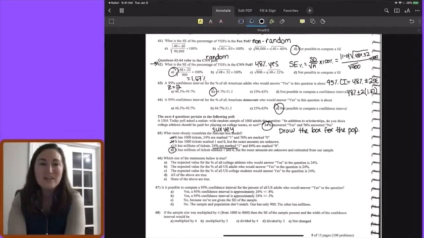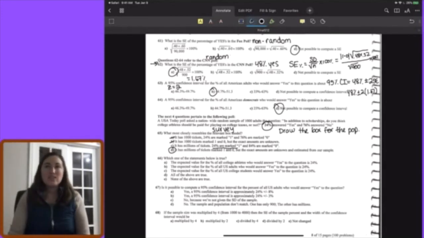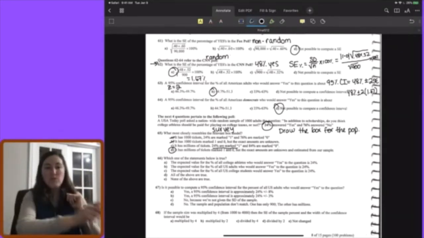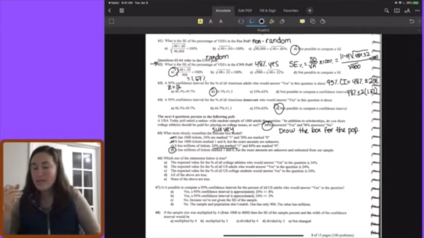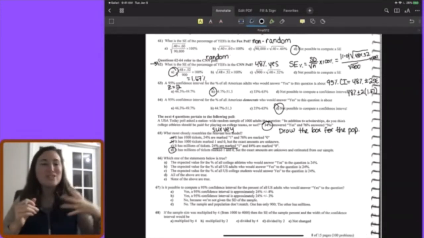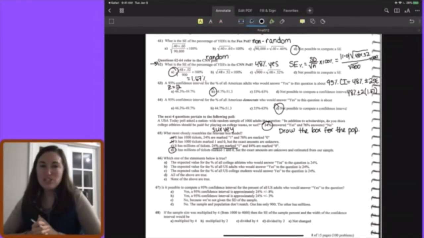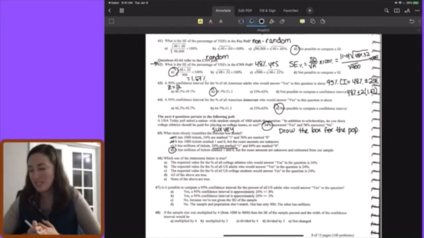Well, what we're trying to simulate is we have this big population, we randomly sample out of it. We got 24%. We're going to use that as an estimate for the whole population, but we can't say for sure that's exactly what it is. It should be really close though, because we did a random sample.